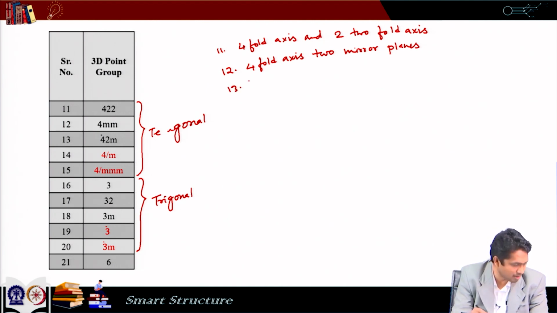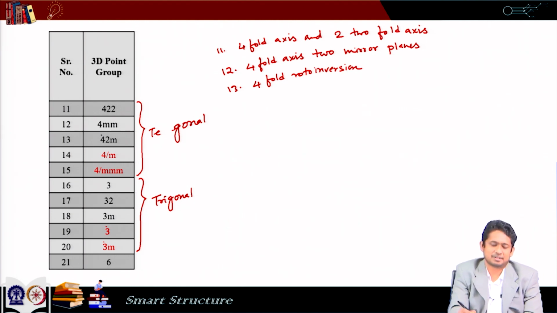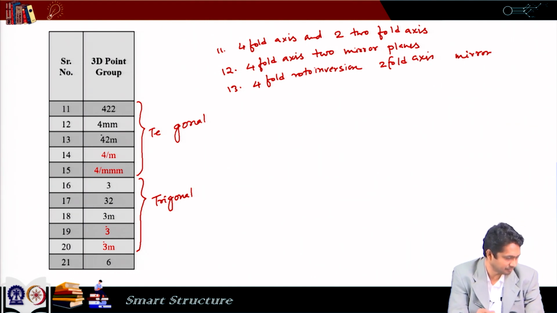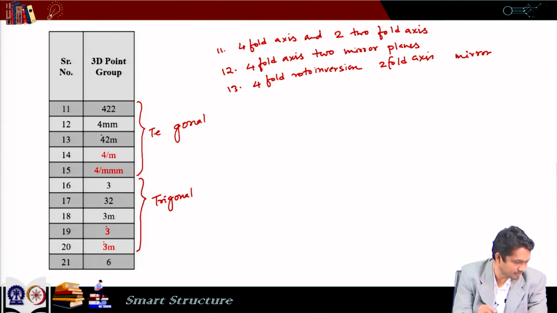Then we have 4 bar 2, which means a 4-fold roto inversion and a 2-fold axis, and then 1 mirror. And this mirror is diagonal to it.